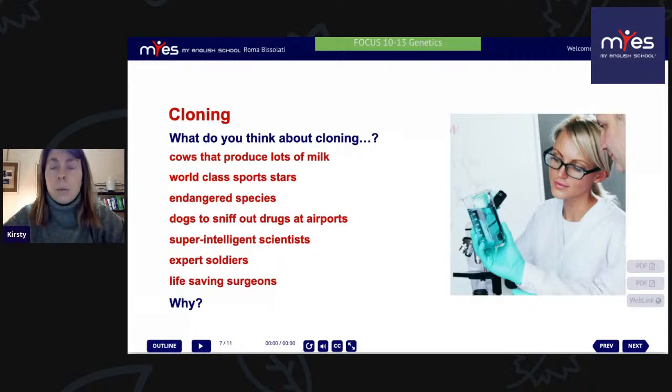For example, if the animal we clone has a mutation, something in its genetics which could reproduce in other animals, I don't think that's a good idea. Yeah, I agree with you, Paula.